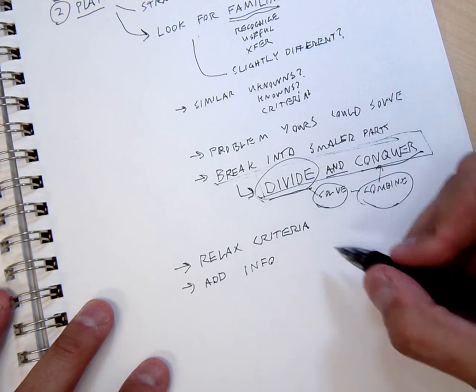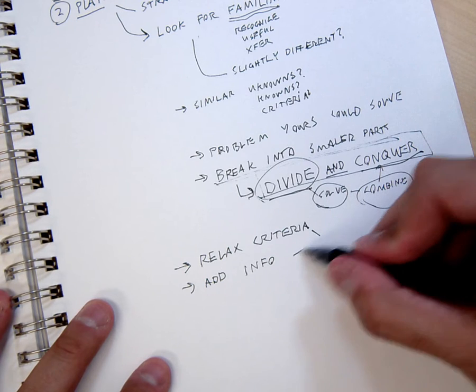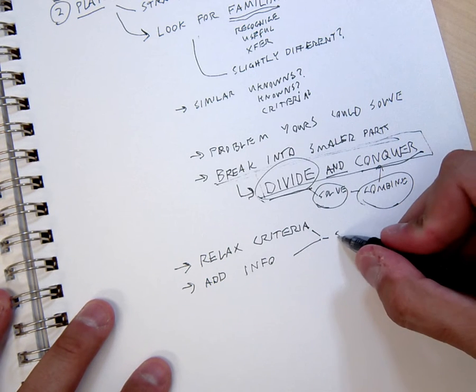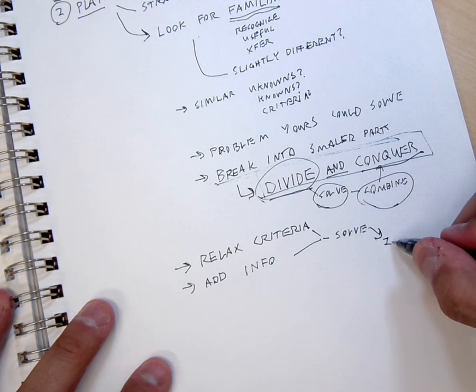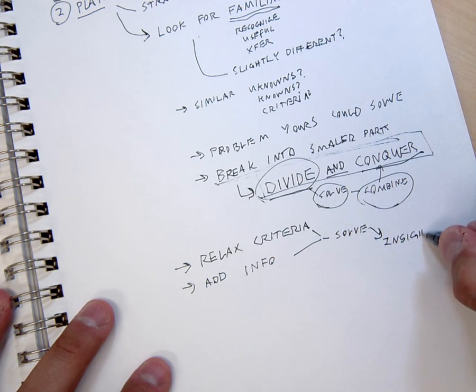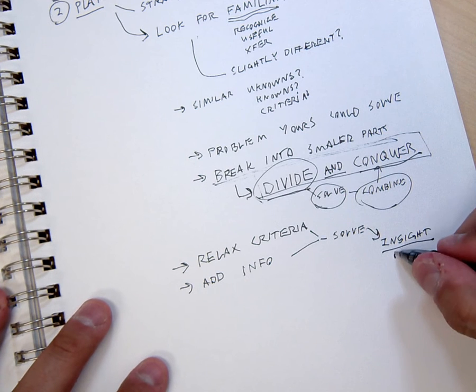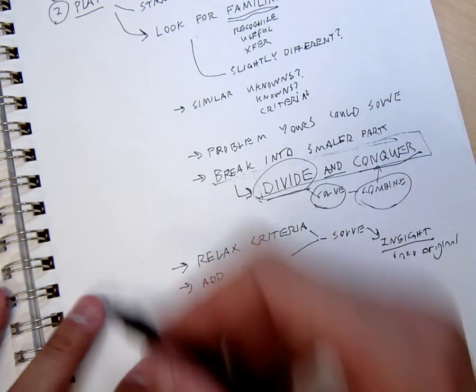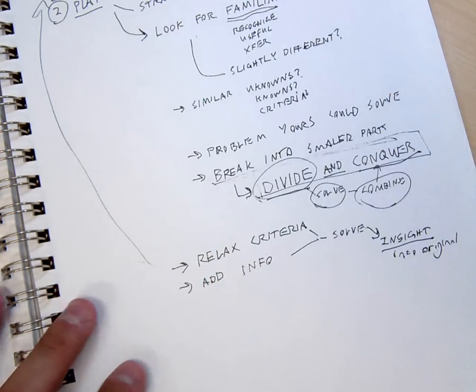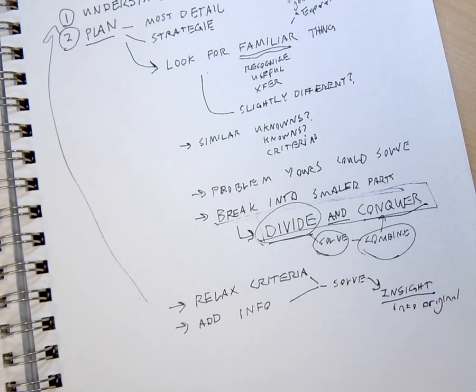It doesn't sound like that's useful, but you can solve that problem, and then that might give you insight into the original. You're looking for insight into the original problem. Or you might just change your understanding of what the problem was to begin with. Maybe the first one might not even be solvable, and you can discover that by doing this.